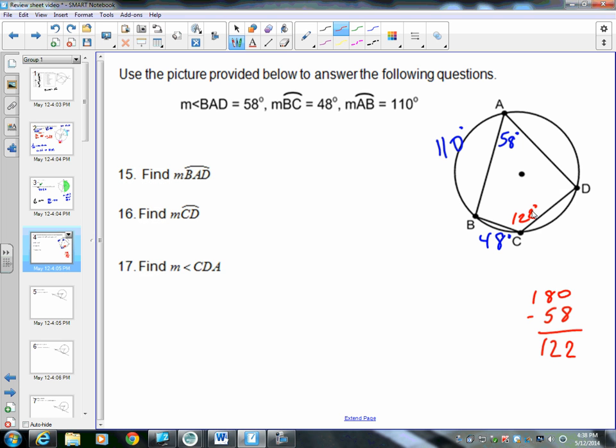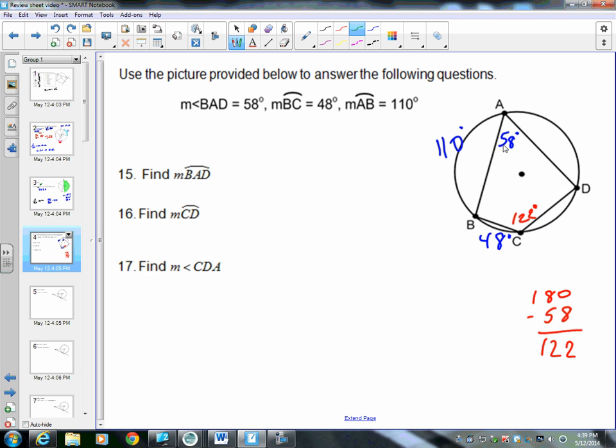Okay, so what else can we find? Well, I also know that angle BAD, this angle right here, has its vertex, A, on the circle. If the vertex is on the circle, it's called an inscribed angle. And an inscribed angle is always half of the intercepted arc. So if I know the angle is 58 degrees, I'm going to go backwards.